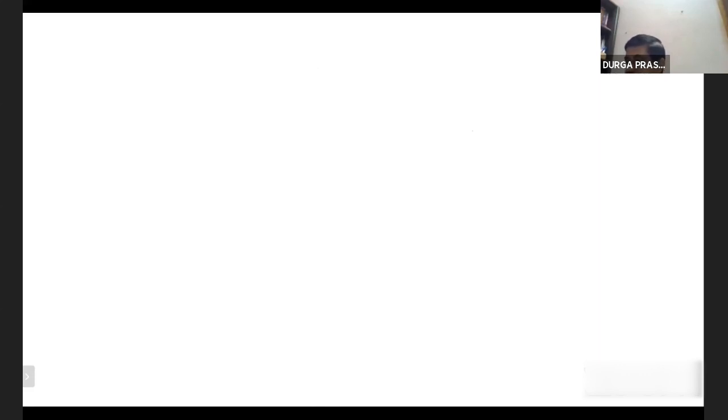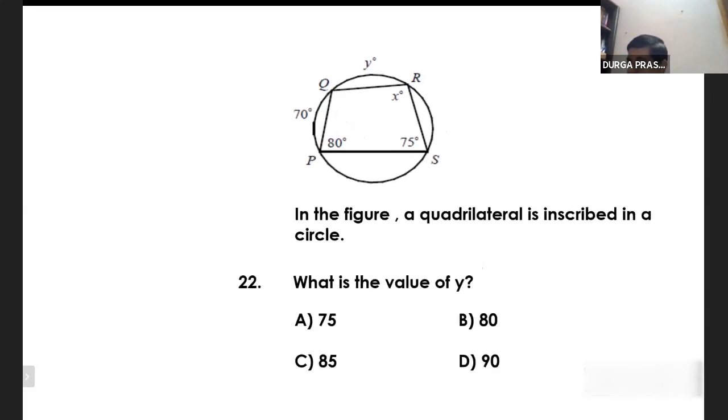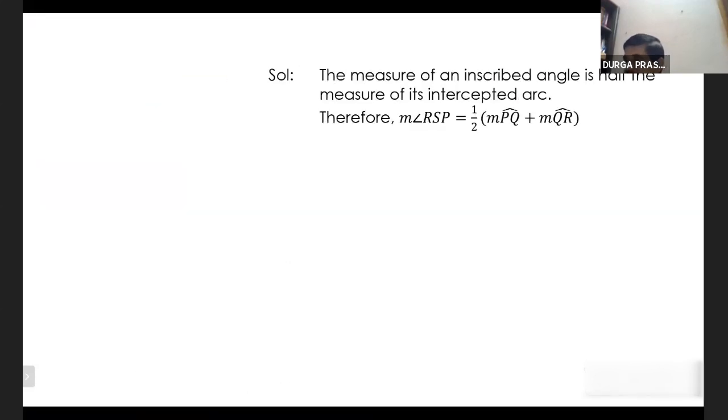RSP is 75, as given. RSP is equal to half of the sum of arcs MPQ and MQR.